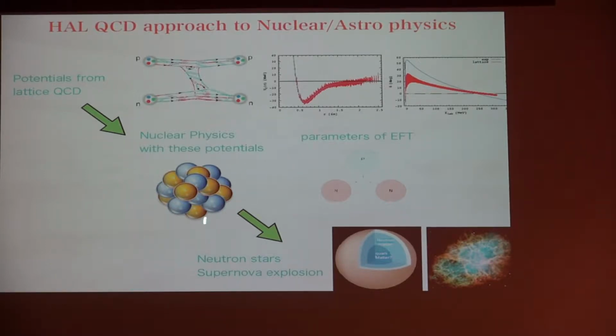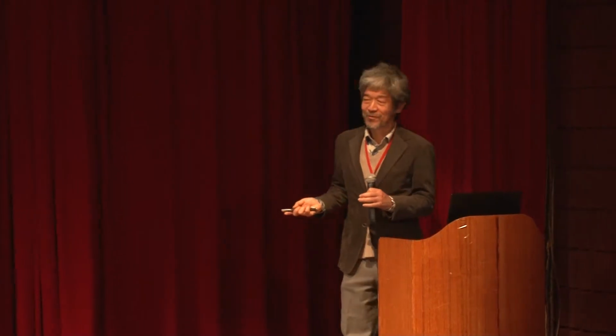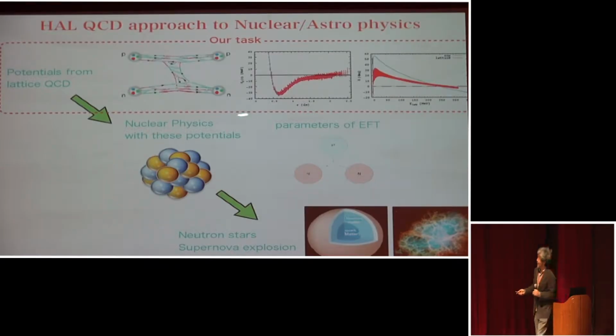Then this information can also bring some new properties of neutron stars or supernova explosions. So it is a bridge from QCD to cosmology or astrophysics. So this is our task: to calculate interactions in terms of the potential.